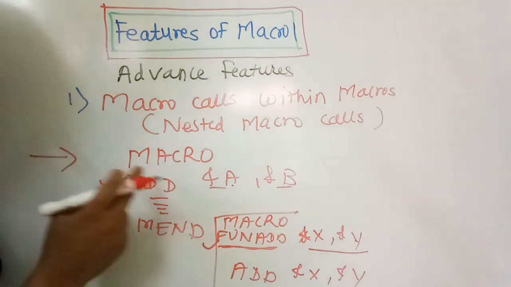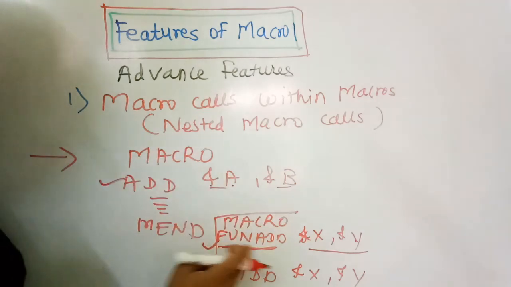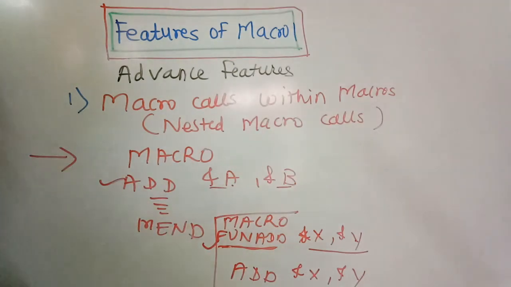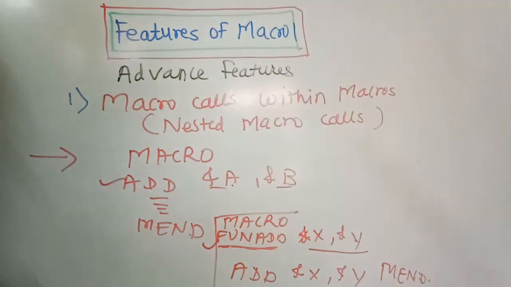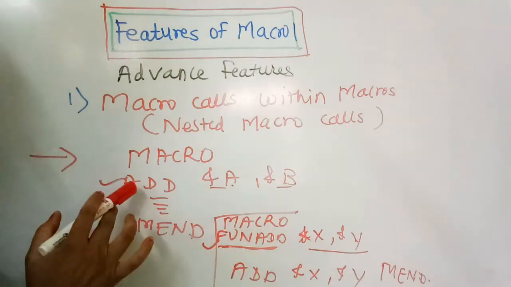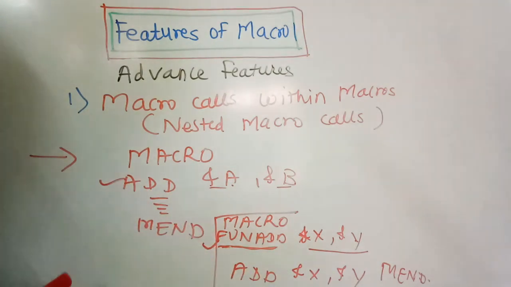This function has already been defined previously and again it is calling another function known as ADD, and at the last MEND is there. So this is all about how to call one macro within another. Means we have called this macro into this second macro. Okay.